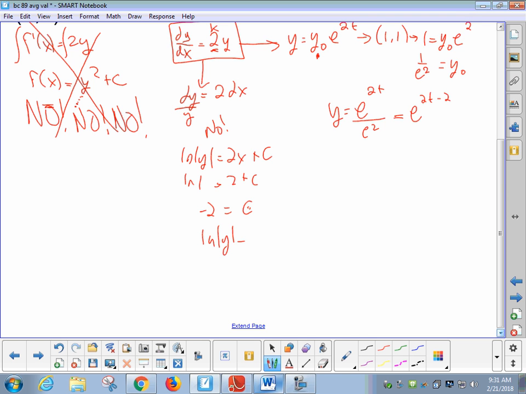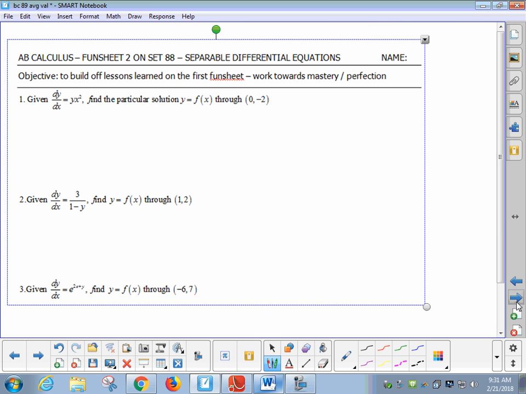Log of y equals 2x minus 2. y equals e to the 2x minus 2. y equals plus or minus e to the 2x minus 2, choose plus. You get there, but it's way too much work. Okay? Are you with me? You get there, like I said, as long as I don't have to carry you there, I'm happy. Okay?